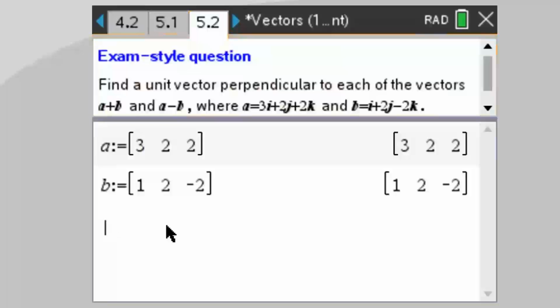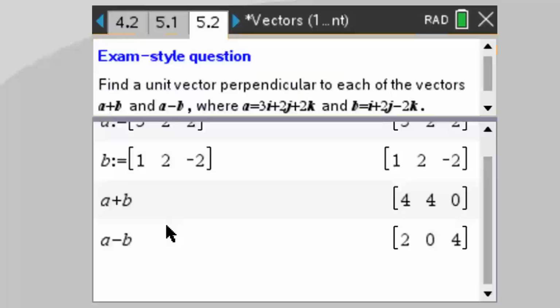Now, you can do all this in one hit, but it's nice to show the progressive working. So let's now form vector A plus B. If we type in A plus B and press enter, A plus B is 4i plus 4j plus 0k. And similarly, A minus B is the vector 2i plus 0j plus 4k.